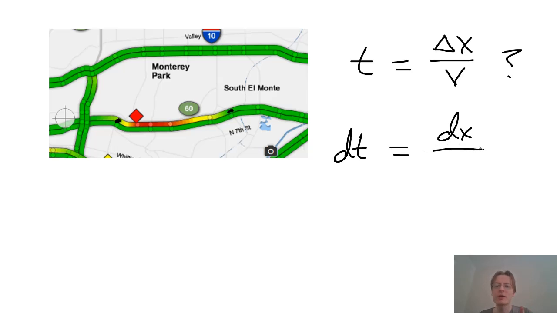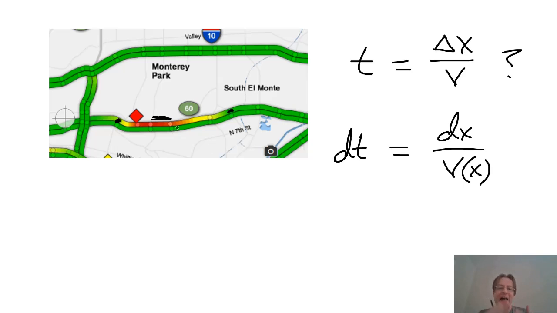That I can do because each little tiny interval has a well-defined speed on it. I just have to know what the speed is at each position along the route. So I take the little distances and divide by the velocities on those little intervals, and that will let me find the time across each one.